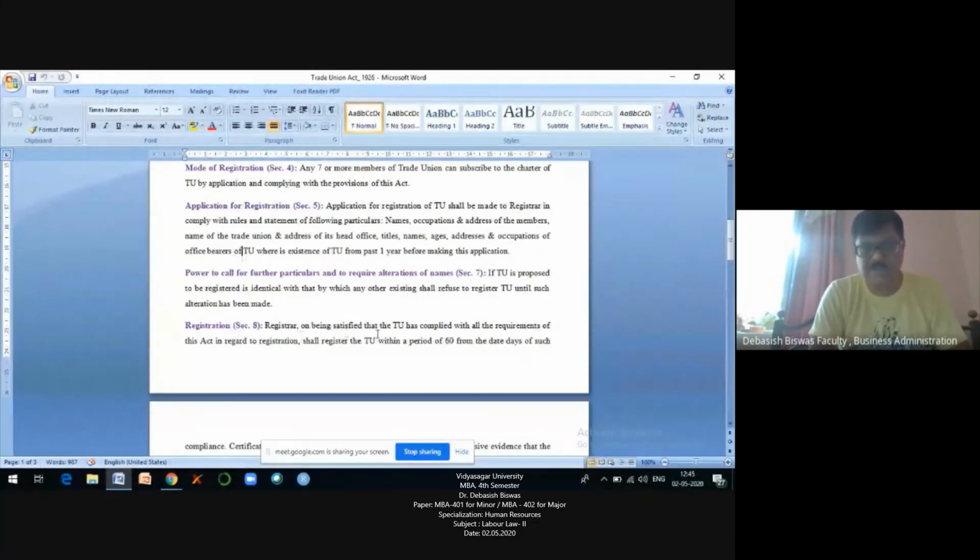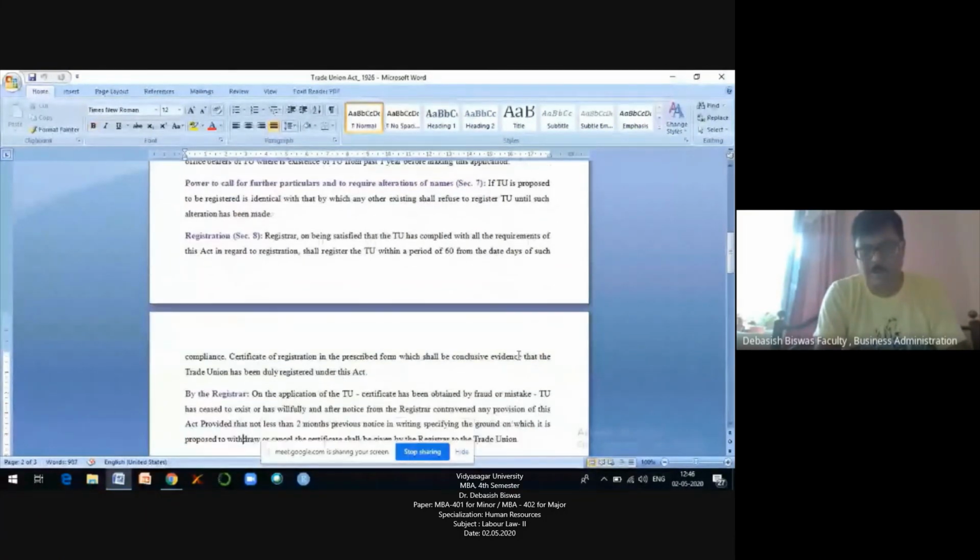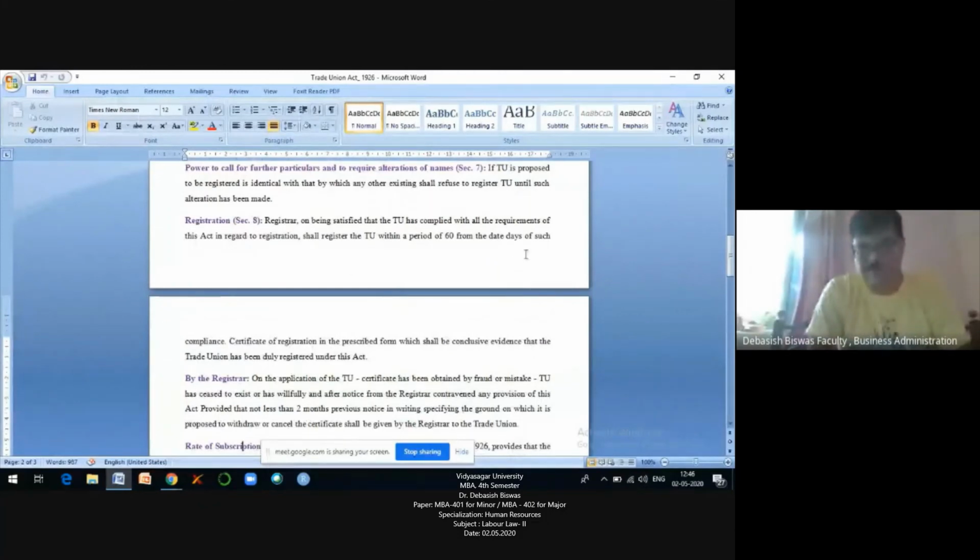Right. So now we are coming to section 8. Registrar, on being satisfied that the trade union has complied with all the requirements of this act. That means these are the requirements. And the registrar will verify whether you have given all this information along with the supporting documents. Then the registrar shall register the trade union within a period of 60 days from the date of such compliance.